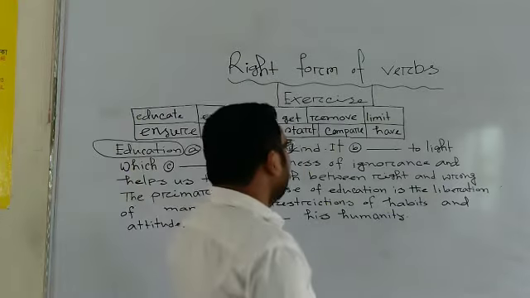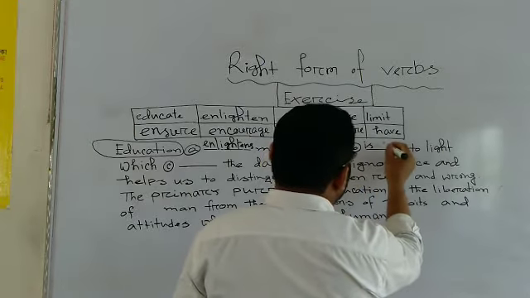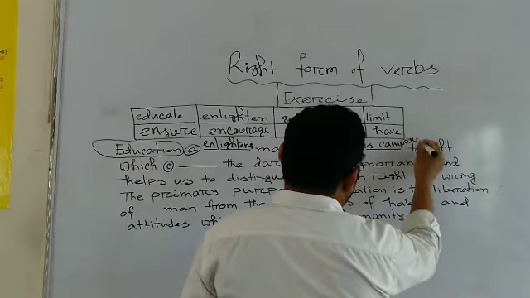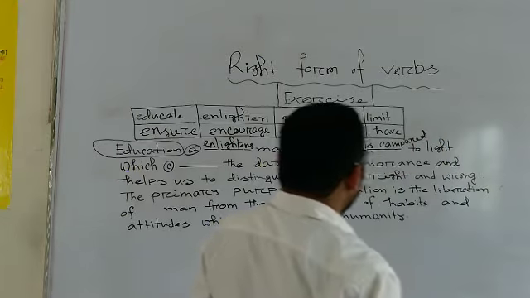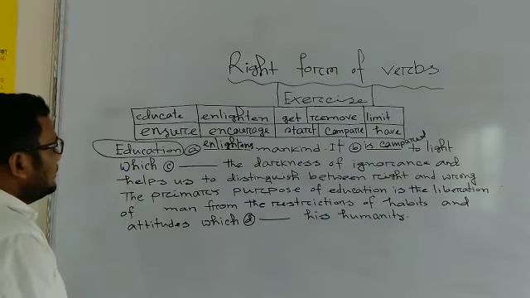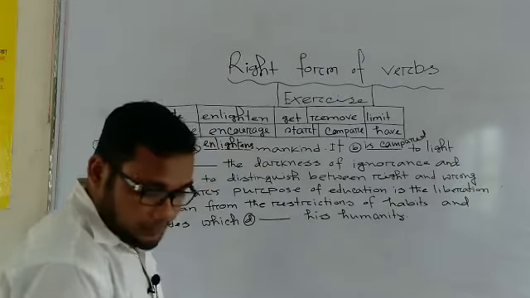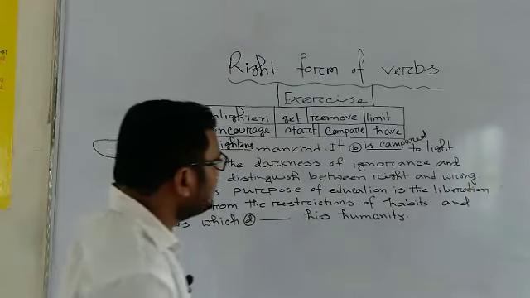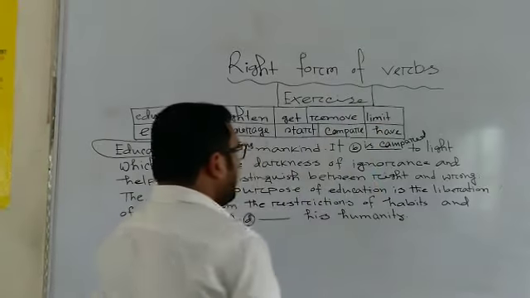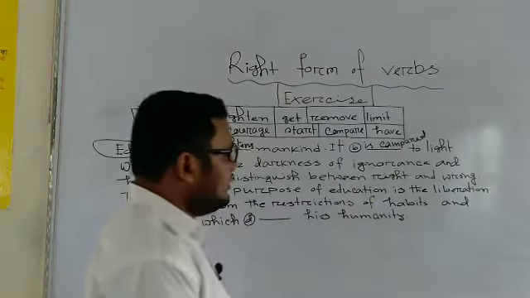It dash to light. So we can write down here, it is compared to light. It is important to analyze, because here it is mentioned compare, but I write down here it is compared.